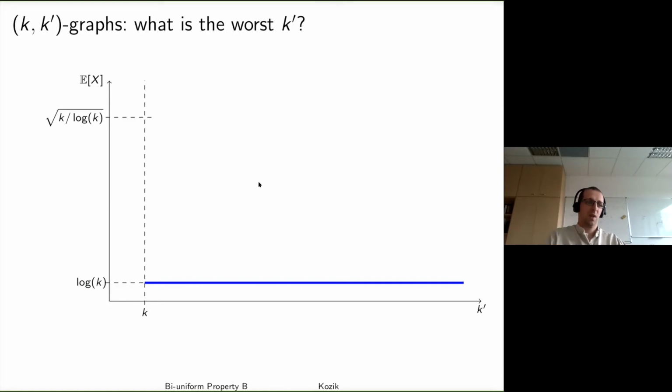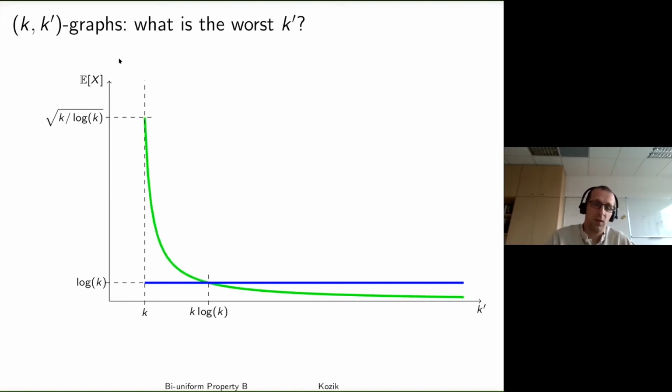So you can do an alternative proof by just trying to generalize this random greedy analysis in the case of non-uniform or b-uniform graphs, and you will get something that is sometimes better. Here's the picture. It gets better as long as k prime is smaller than some function which grows like k log k. But past that point, what we obtain gets worse.